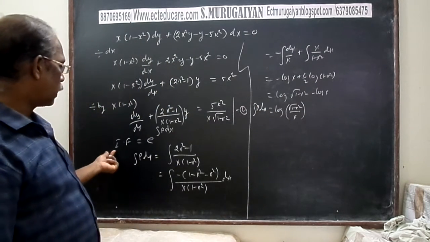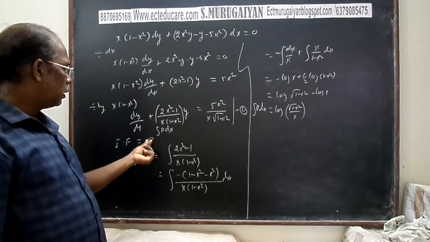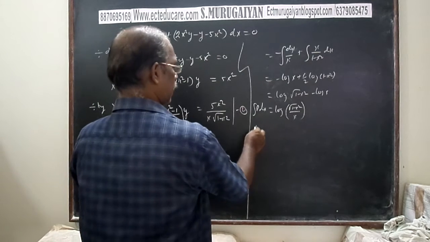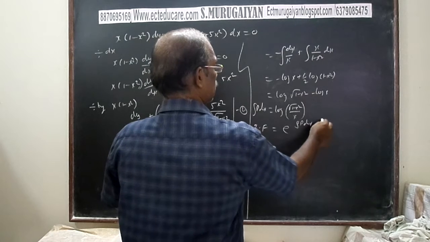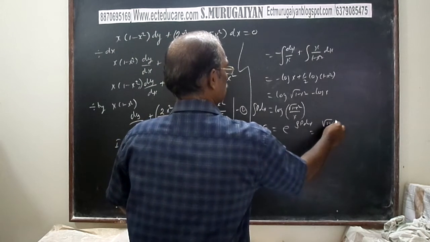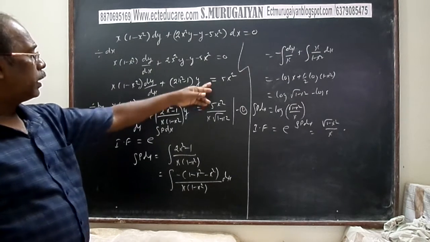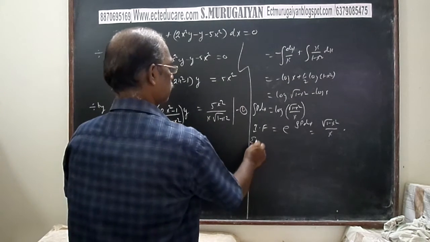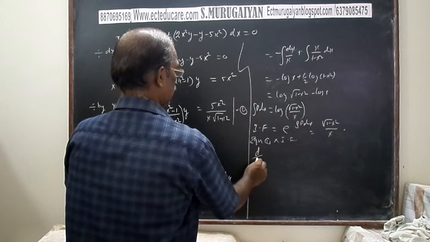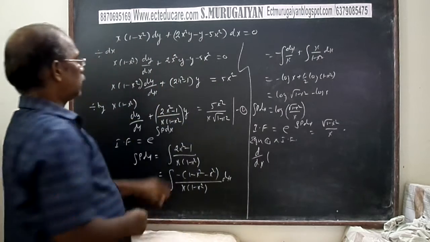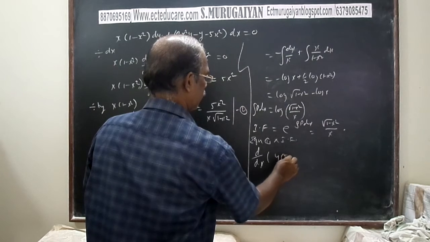What is the integrating factor? We have to take the exponential, that is e to the power of the integral of P dx, which equals √(1 − x²)/x. Now if we multiply equation 1 by the integrating factor, the left side is d/dx of the dependent variable y times the integrating factor.